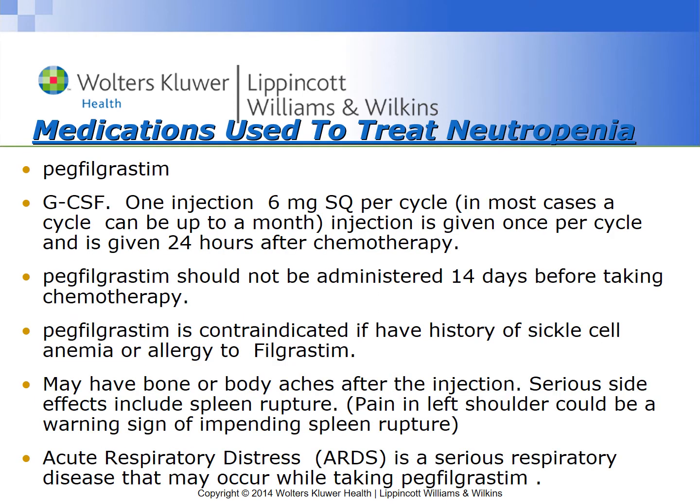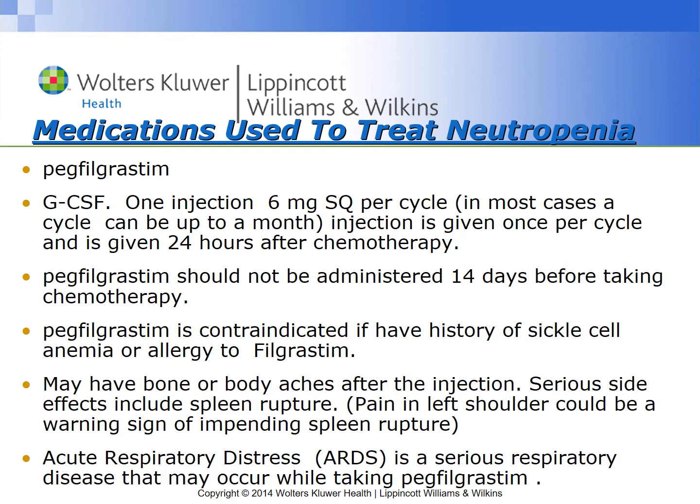Okay, pegfilgrastim is another type of the GCSF medication, and the PEG part of that means that it's pegylated. You'll see that in front of generic medication names a lot of times, and it's made to last longer in individuals.